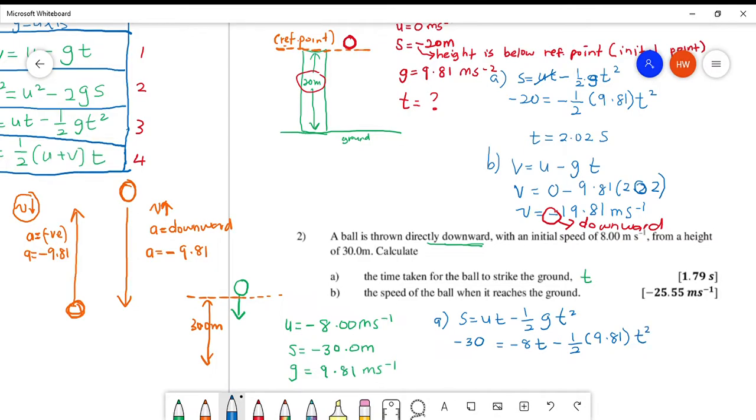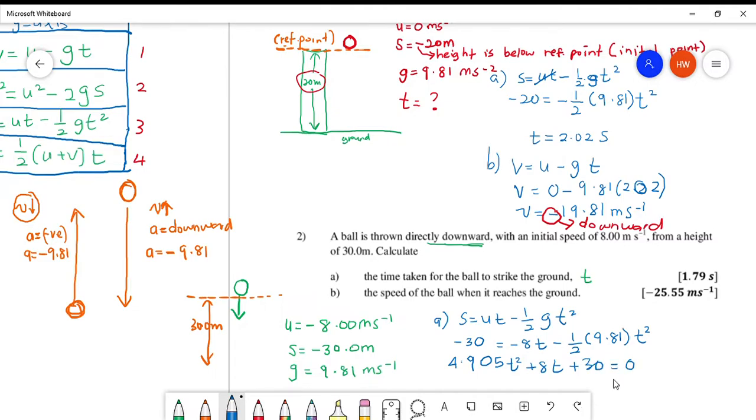Again, we have to solve the quadratic equation. So 9.81, kita bawakan dia ke belah kiri, kita akan dapat 4.905 T square plus 8T plus 30 equal to 0.